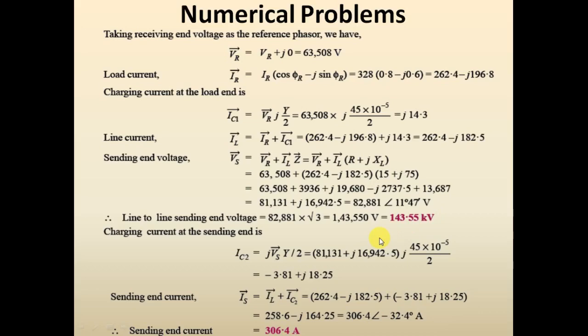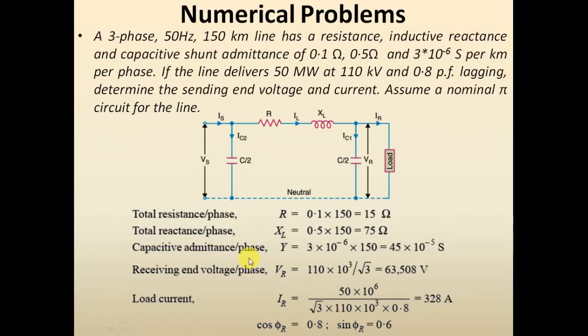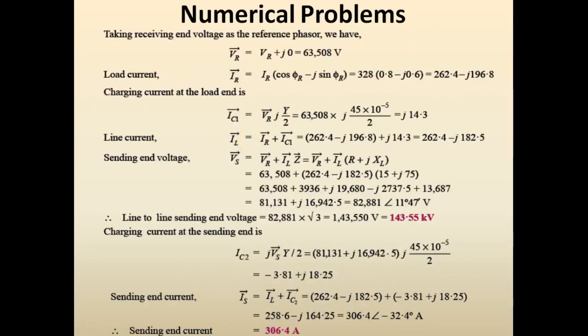Next we have to determine the value of sending end current. For obtaining the value of sending end current, you have to add vector IL and vector IC2. So first you have to find the value of vector IC2. IC2 can be easily found by using the relation J vector Vs into Y by 2. Make suitable substitutions.